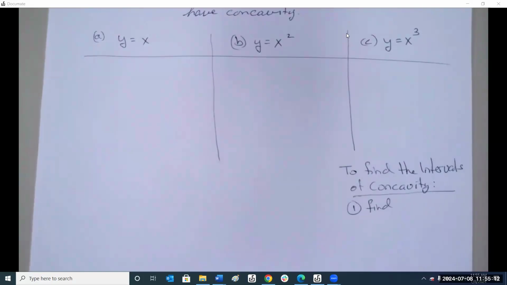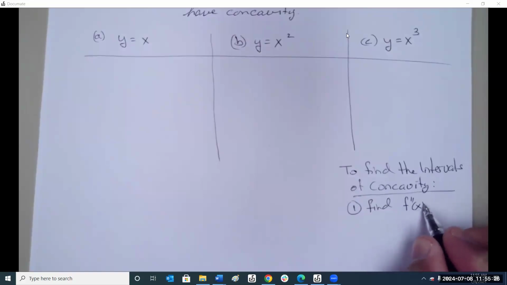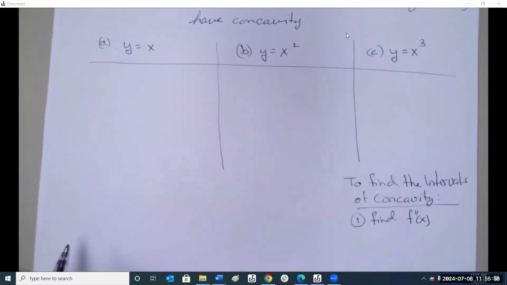The first derivative, find the derivative. What's that going to tell us? We just went through the whole stuff in the notes. No, we're going to find the second derivative. Let's see what happens here. So step 1.